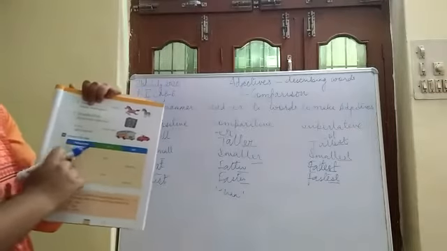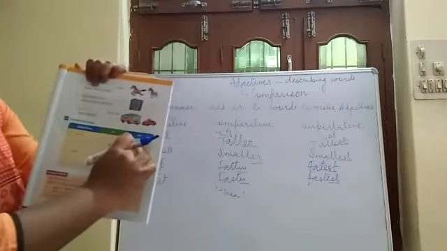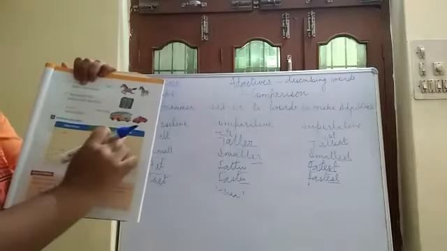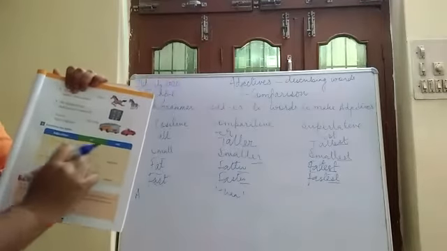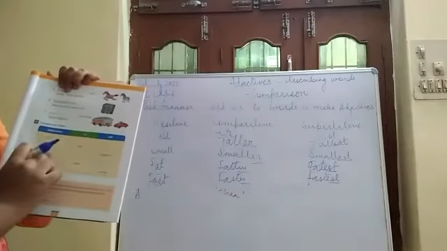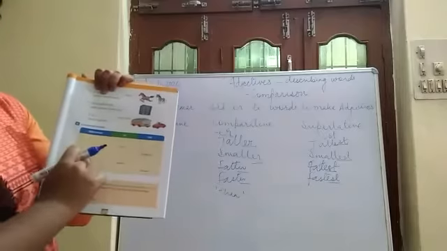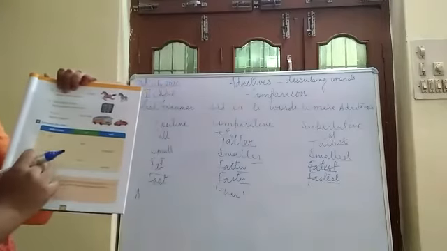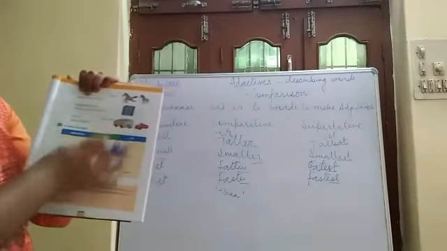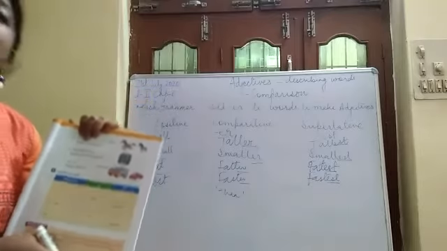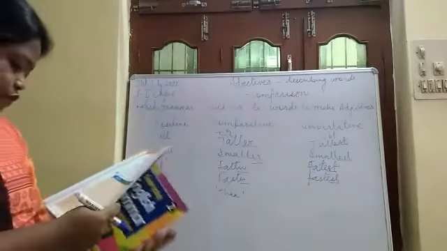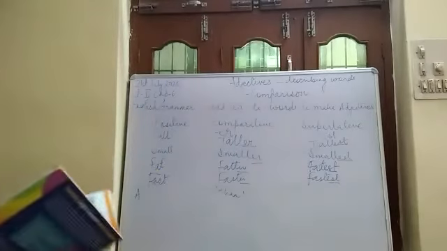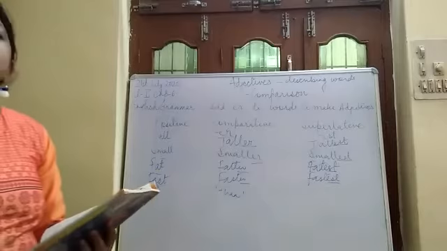Okay, we have nice, nicer, nicest, fine, finer, finest, bright, brighter, brightest, close, closer, closest, neat, neater, neatest, clean, cleaner, cleanest. So in this way we have to do exercise D. I hope children there won't be anything apart from this. If you have any difficulties, just let me know.